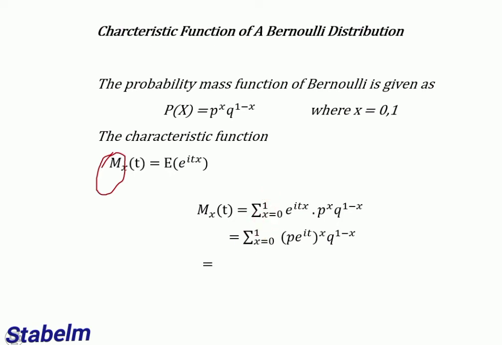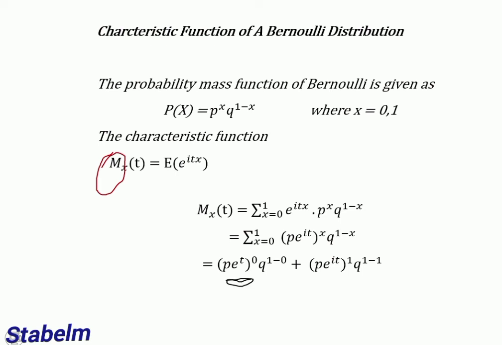So this will give us p exponential iota t raised to the power 0, q raised to the power 1 minus 0, plus p exponential iota t raised to power 1, q raised to power 1 minus 1. There is something we didn't put here.